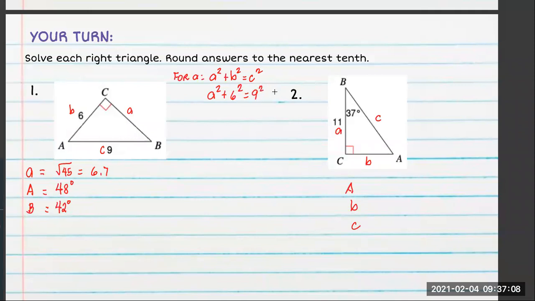So we just plug in. A squared plus 6 squared, which is 36, equals 9 squared, which is 81. You subtract 36 from both sides, and 81 minus 36 is 45. Then you take the square root of both sides, so you get the square root of 45, which is approximately 6.7. So that's our A.